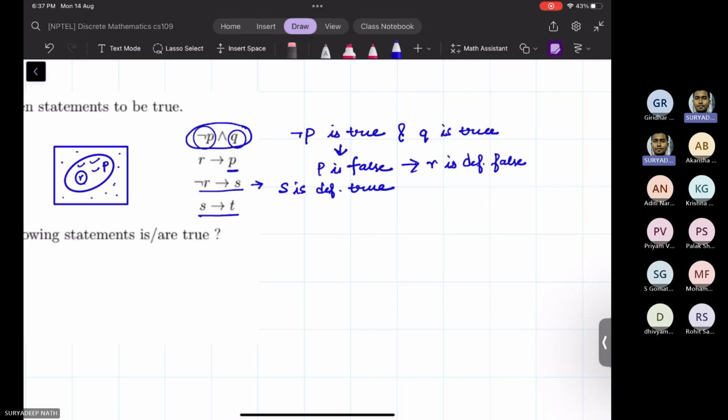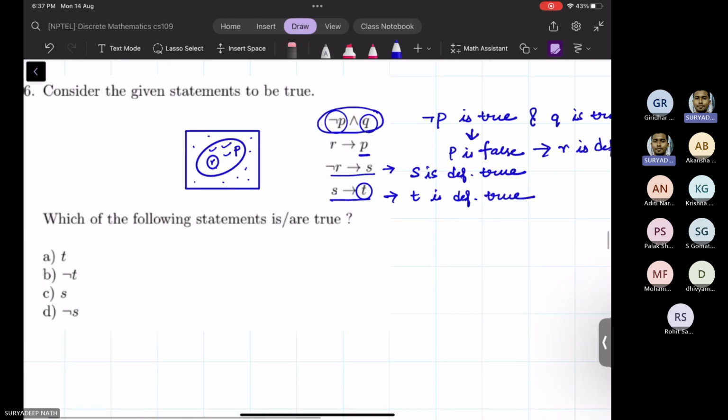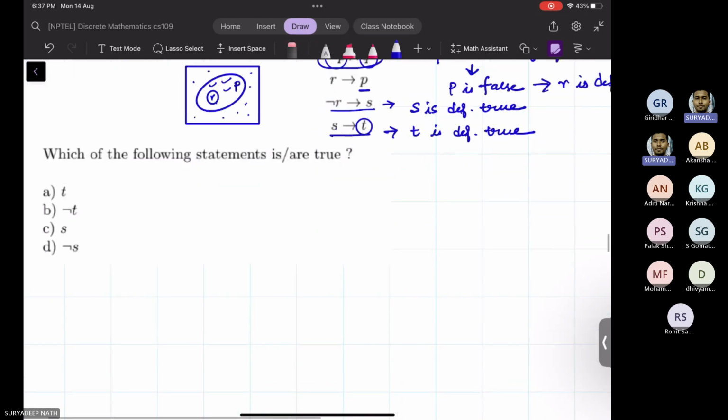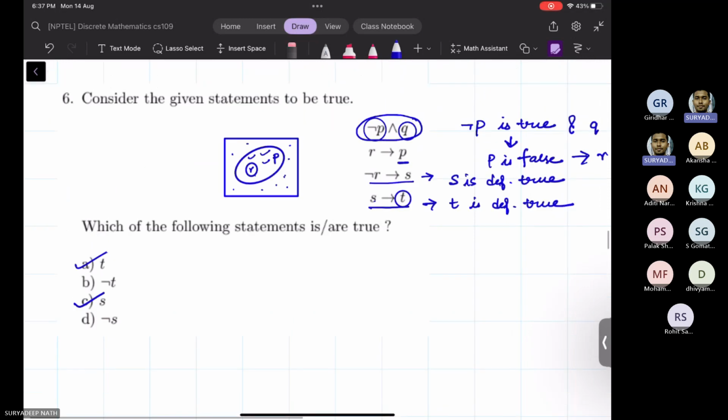Now come to the fourth statement, S implies T. If S is definitely true, what will happen to T? Should also be true, sir. Right. So T is also definitely true. Therefore, S is true and T is true. So like Aditi mentioned, A and C both are correct options. I hope this is clear.